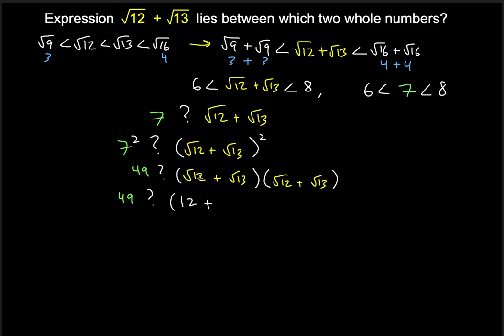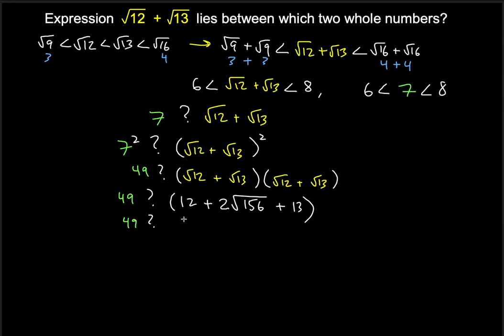So twice radical 12 times 13, and 12 times 13 is 156, inside the square root, of course. And then the last product is radical 13 times radical 13, which is just 13. So good, we got that correct. Now what should we do? We should combine these two whole numbers together.